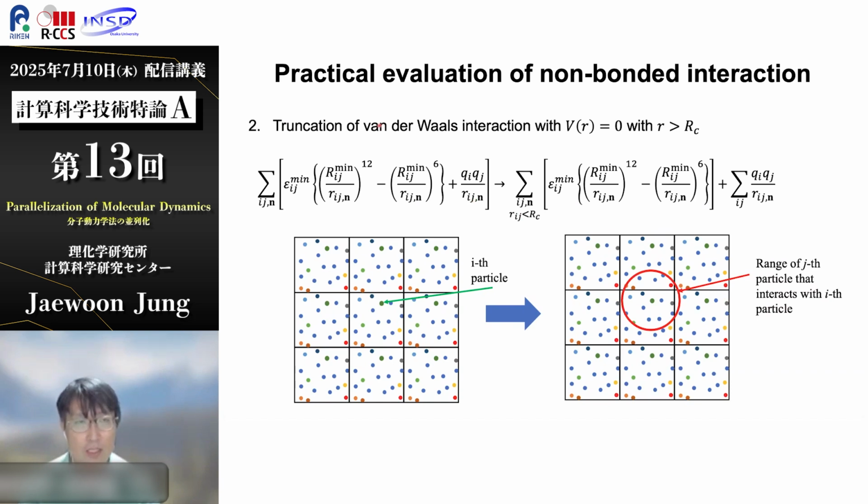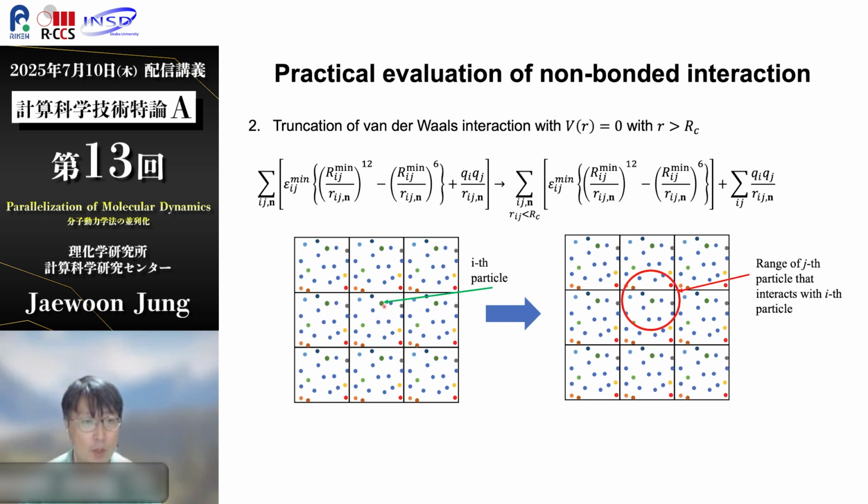First of all, in the case of van der Waals interaction, the energy decays very rapidly by increasing the interaction range. So if we increase the pairwise distance, then in some cases, you don't need to evaluate the van der Waals interaction. And in this sense, you can include some kind of threshold value.